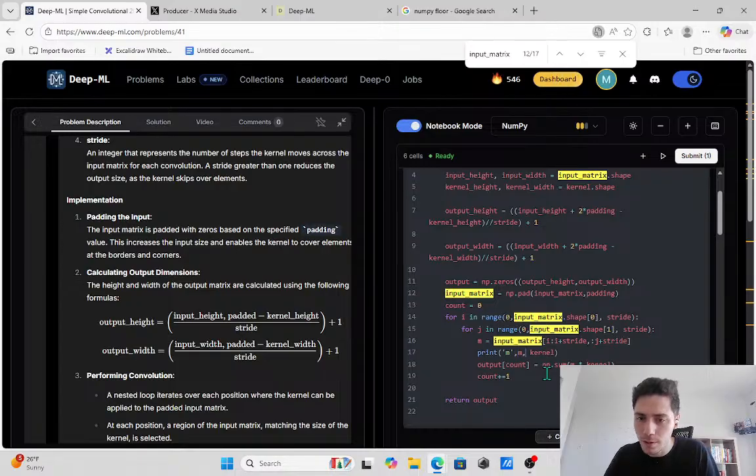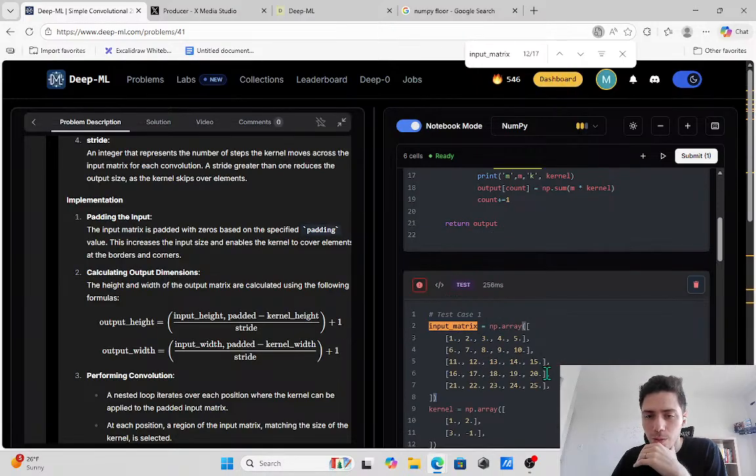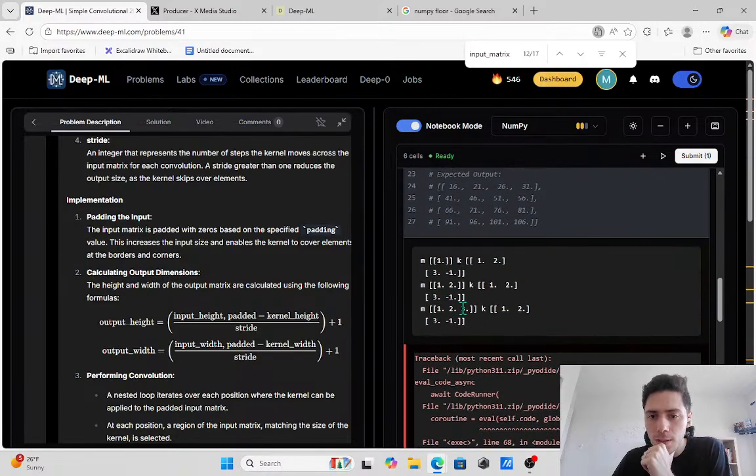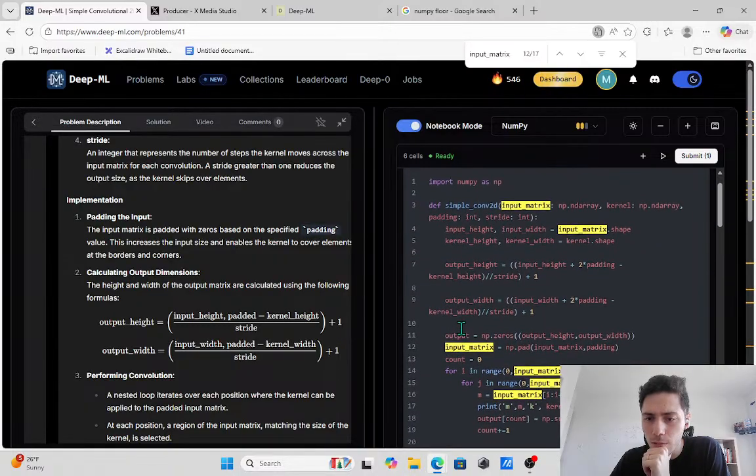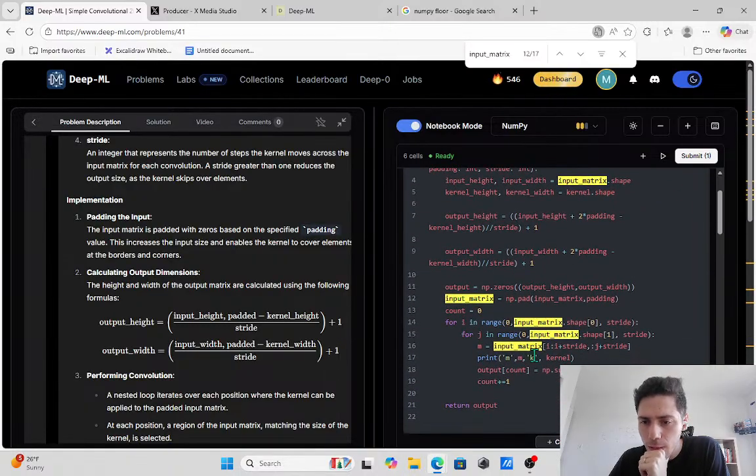Sorry, this is still pretty ugly, but at least we could sort of see what's going on. Okay, so M is that. K is that. M is this. K is that. Okay. So we're getting the wrong M.